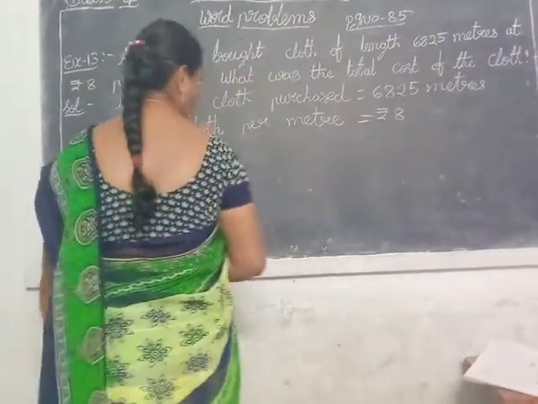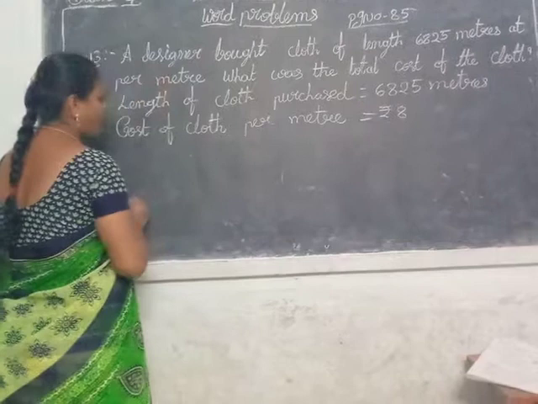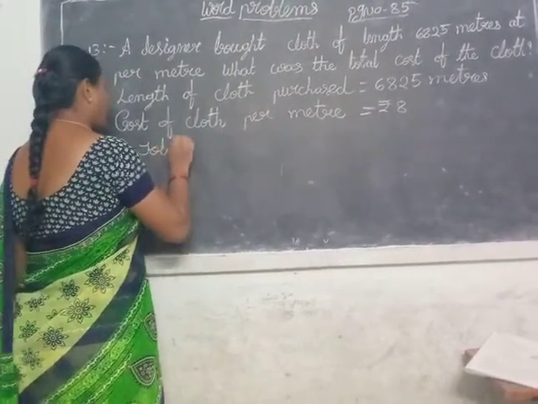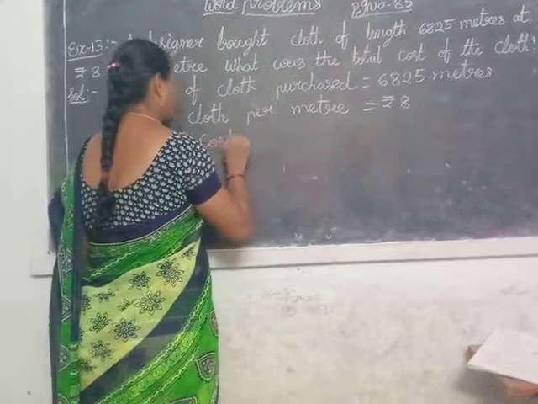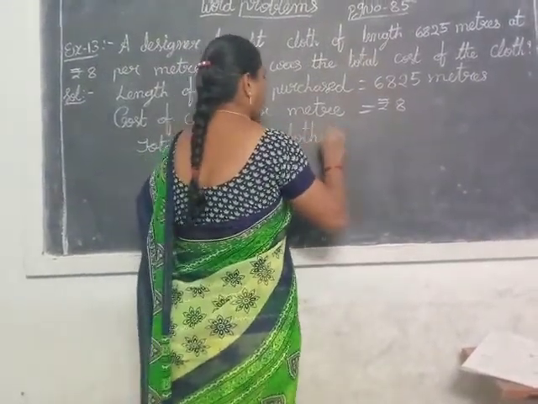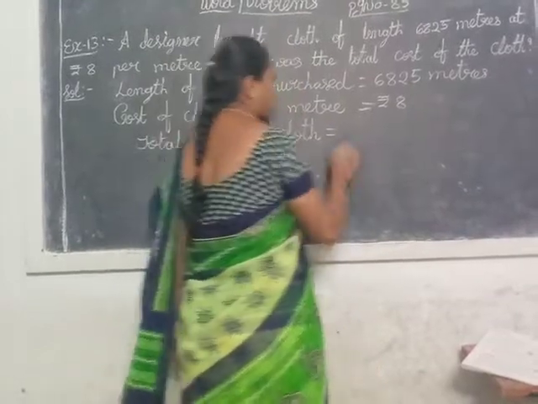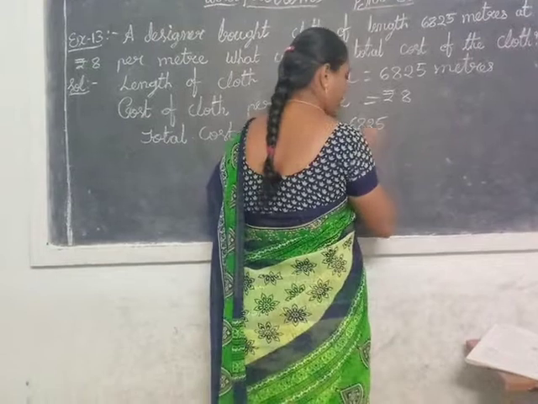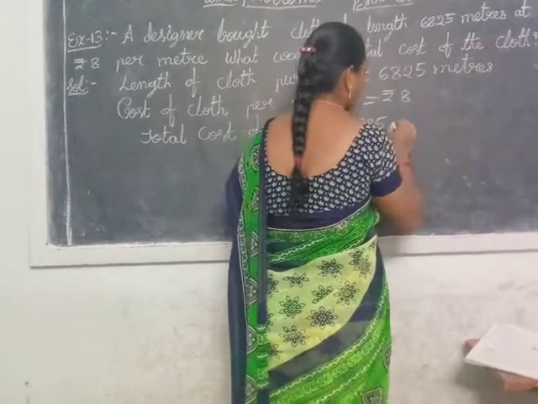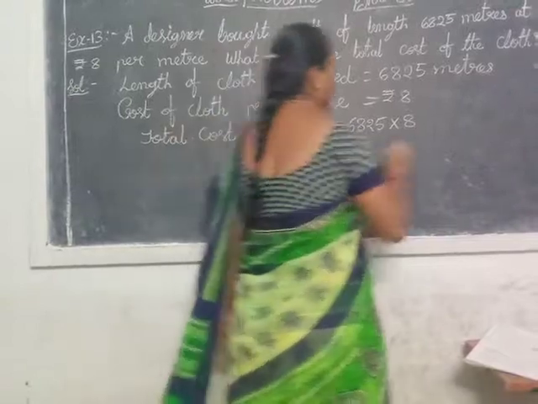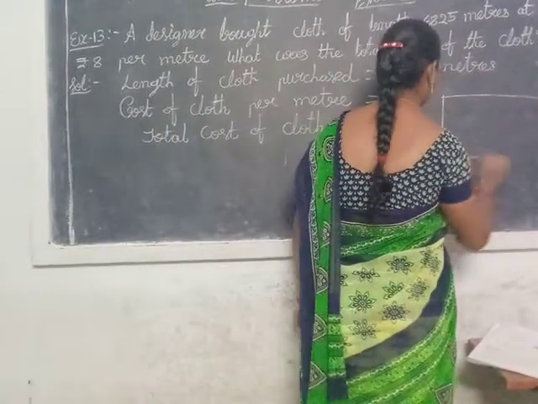Now we find out total cost of cloth. Total cost of cloth is 6,825 into 8. So now you do the multiplication here on your rough place.